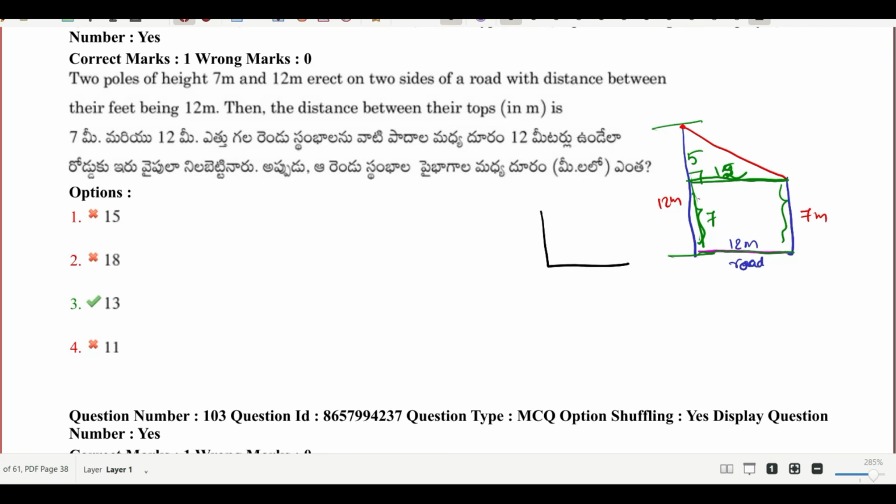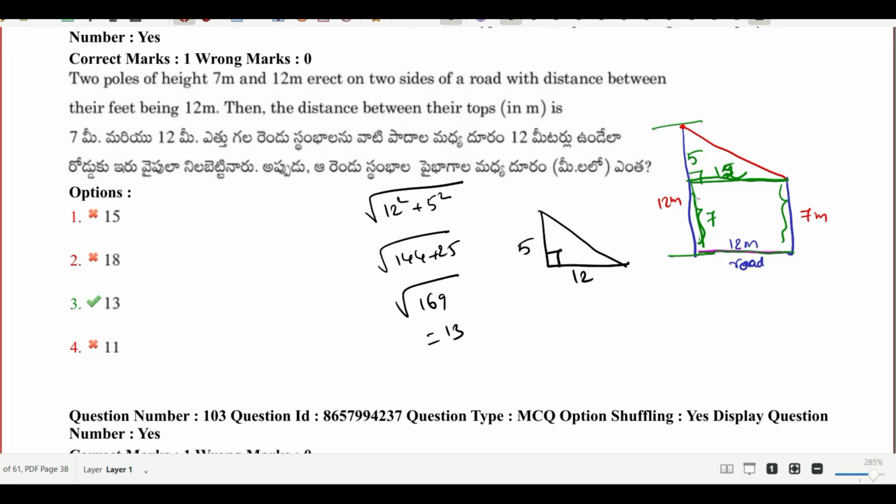In this right angle triangle, we know the base as 12 and height as 5. By using the Pythagoras theorem, hypotenuse is equal to the square root of base square plus height square. That is 144 plus 25, the square root of 169, that is 13.